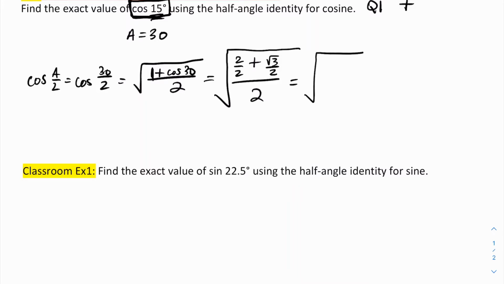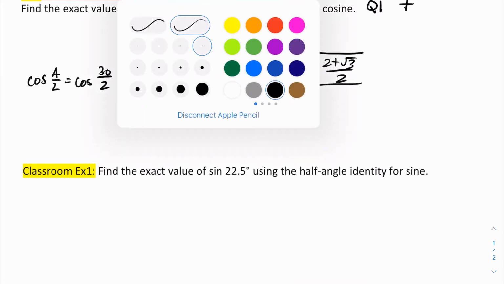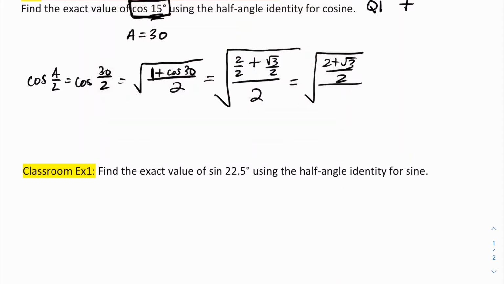So now, at the top, I have 2 plus radical 3 over 2. And then divided by, and I'm going to write this here as 2 over 1. So dividing by 2 is the same thing as getting rid of dividing by 2 and multiplying this by the reciprocal. Okay? And the reason we're doing that is so we can get rid of the 2 in the bottom.